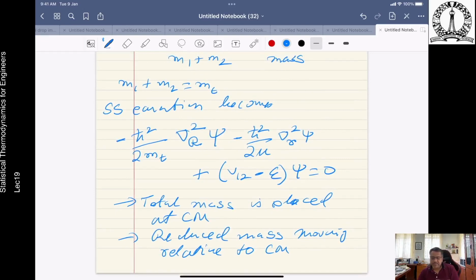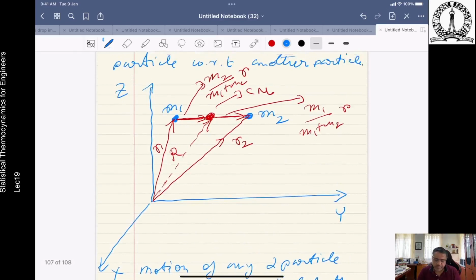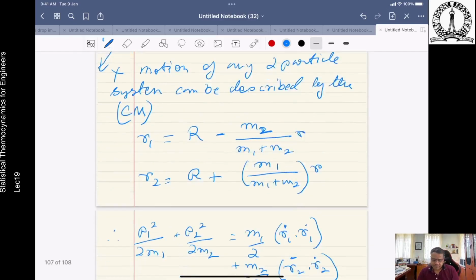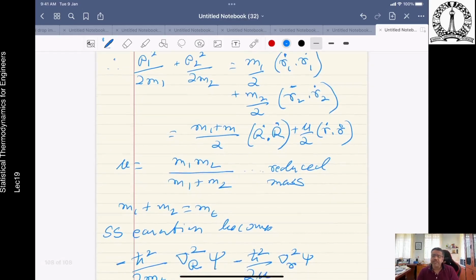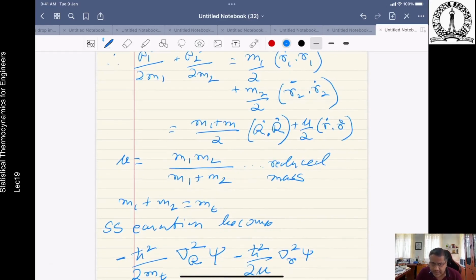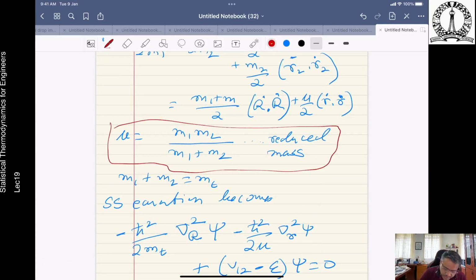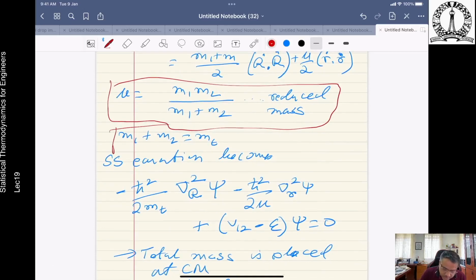So this is how the separation happens. Two masses, you place the center of mass concept over here, and then just working through plain and simple math that we have already done numerous times. This is the key concept, reduced mass, which we already know, and this is the total mass. That is why it is written as MT, total mass.